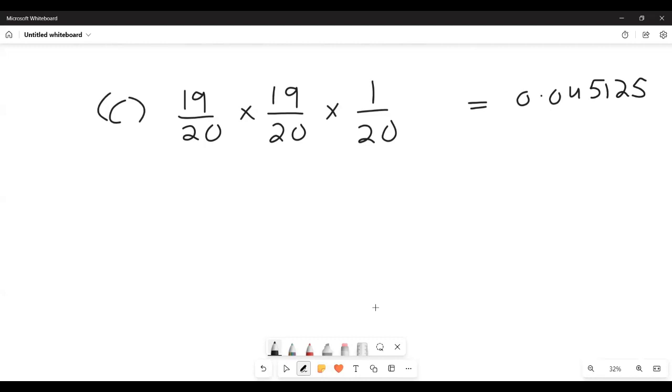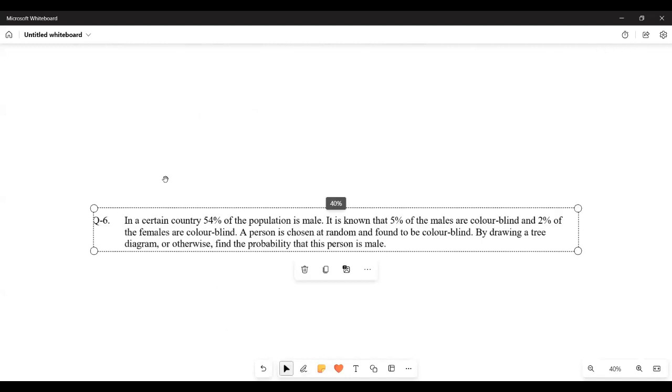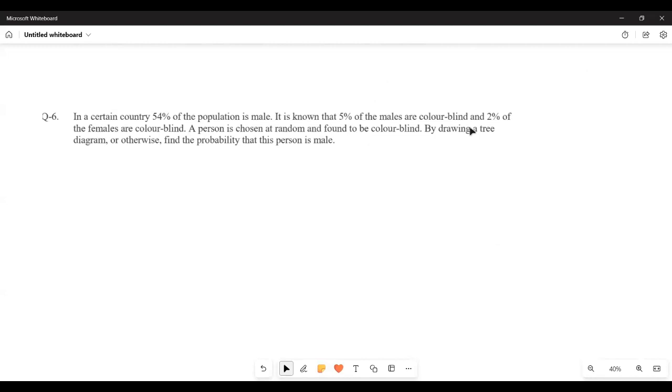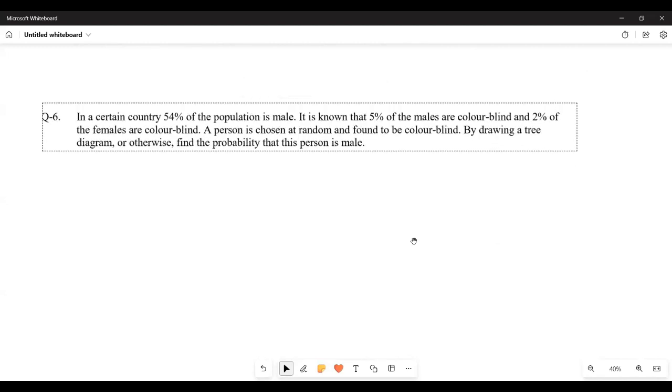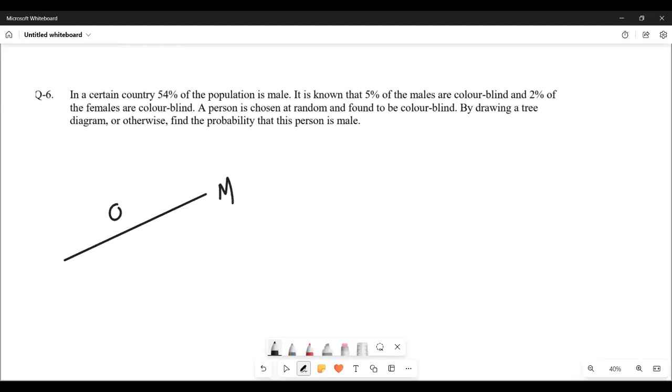Question 6 would be the last question we do today. In a certain country, 54% population is male. Male probability would be 0.54. Then probability of female would be 0.46.